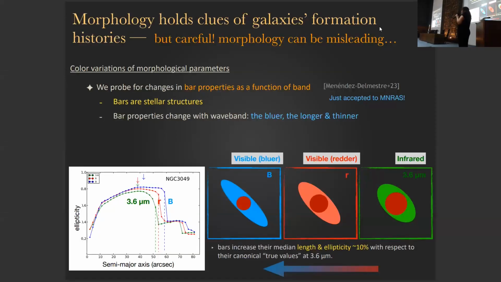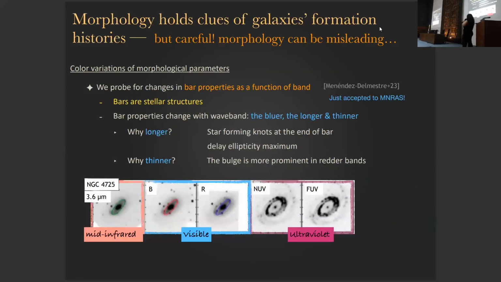Just to exaggerate the effect a little bit, this is what we see. And it can depend on whether you're comparing one band with the other or even extending to the NUV. This value can actually increase up to 20%. So basically, we attribute this to the fact that we're seeing longer bars and thinner bars. And a thinner bar is something that can be connected to the strength of the bar.